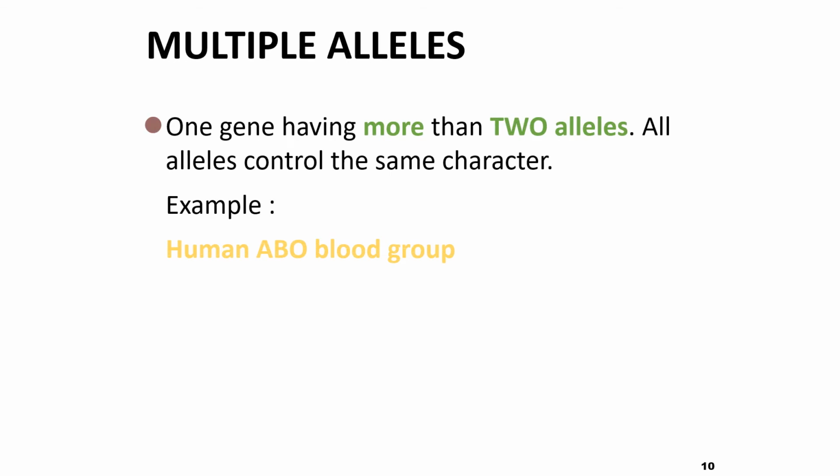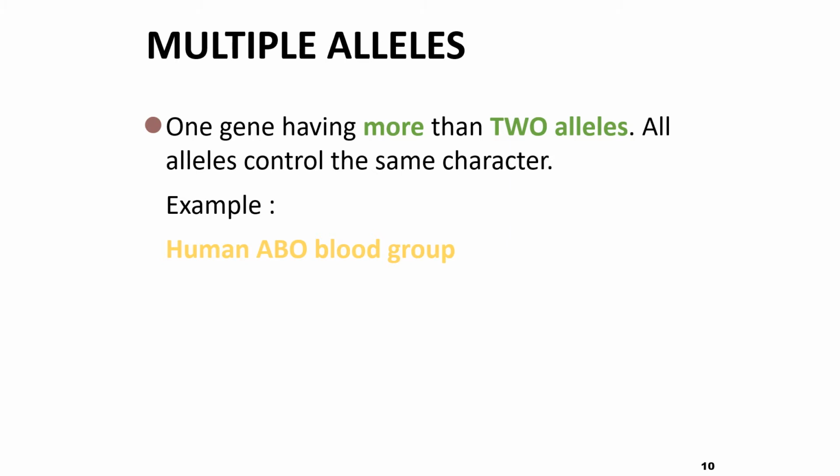Another cause of the non-Mendelian is multiple alleles. One gene having more than two alleles, all alleles controlling the same character. Example, human ABO blood group. Two alleles is normal.